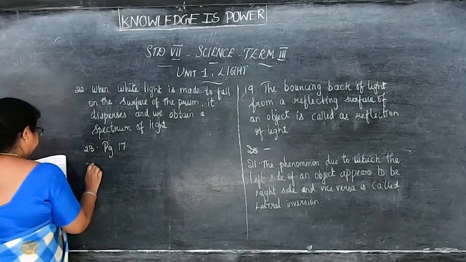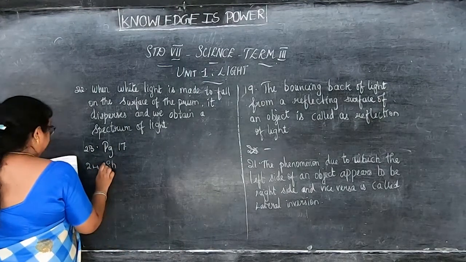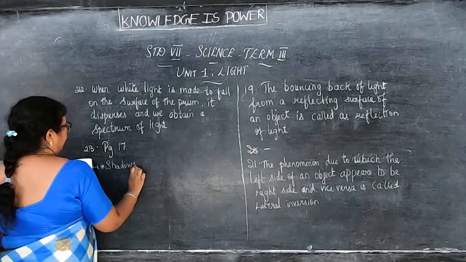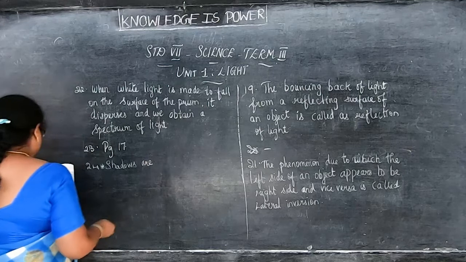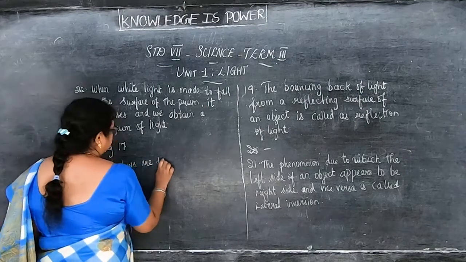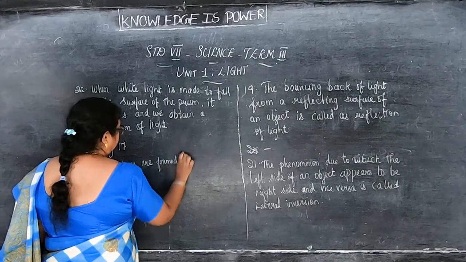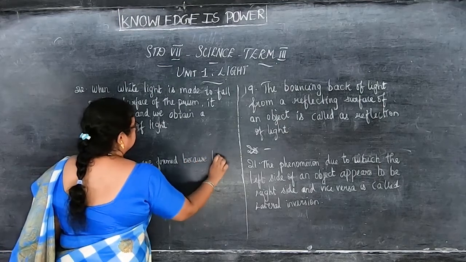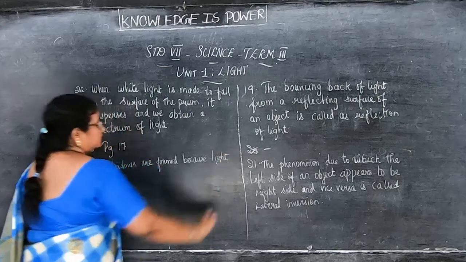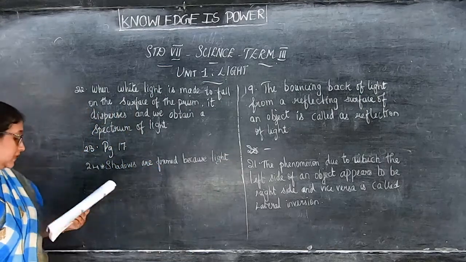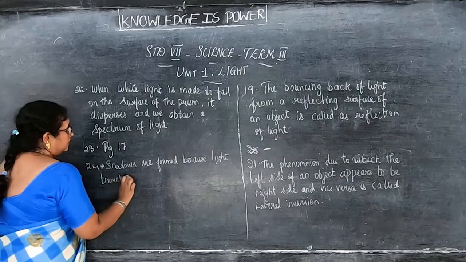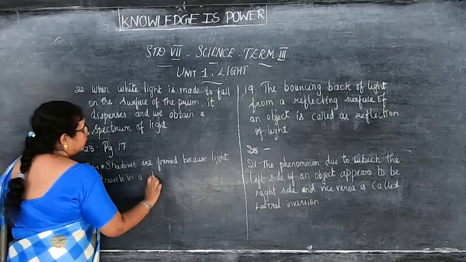24. Shadows are formed because light travels in a straight line.